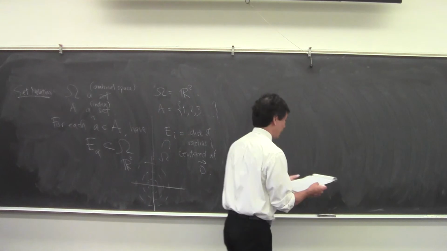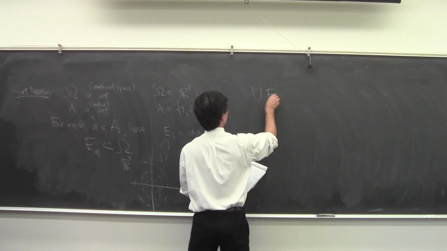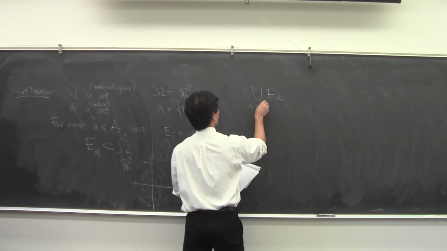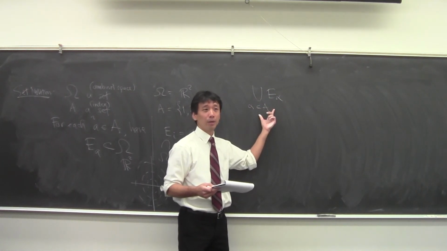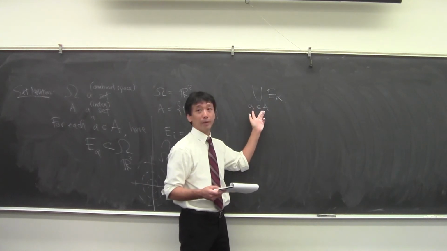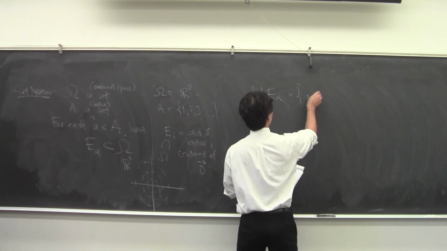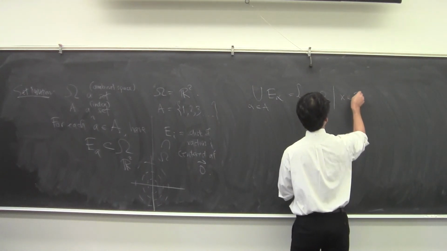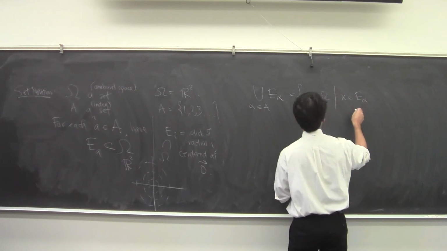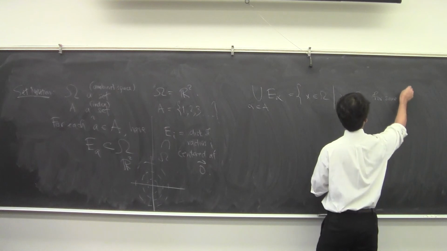Now, basic notation. If I write the union of the E sub alpha for alpha in A, that's going to be the points x such that x lies in some E sub alpha, for some alpha.